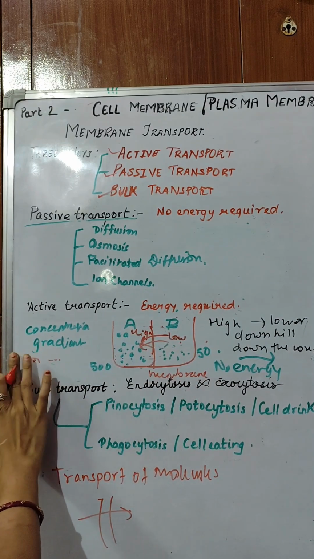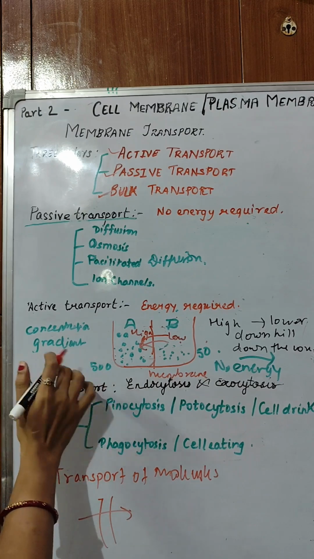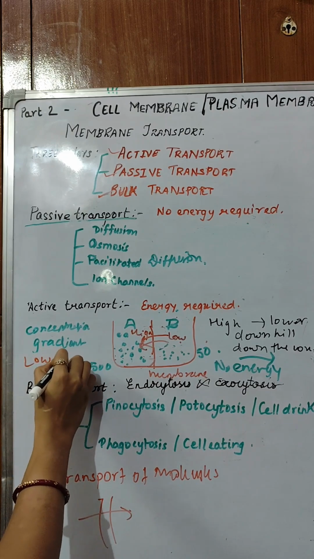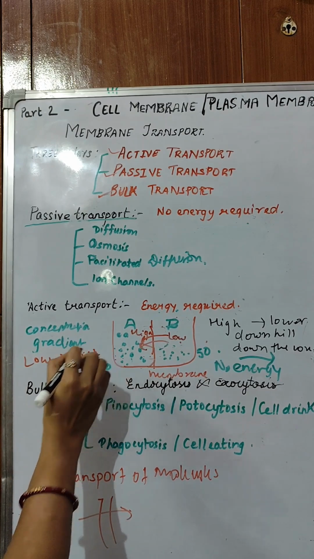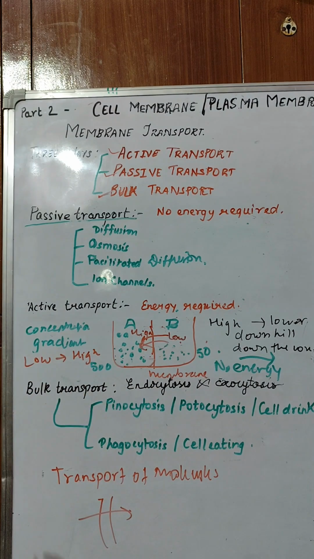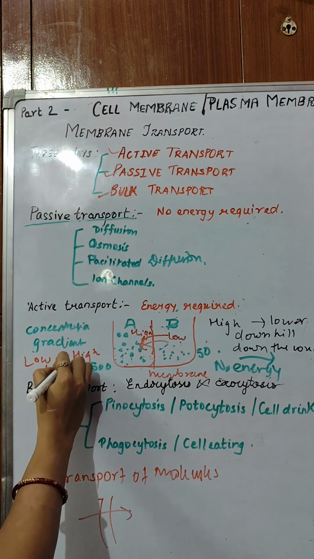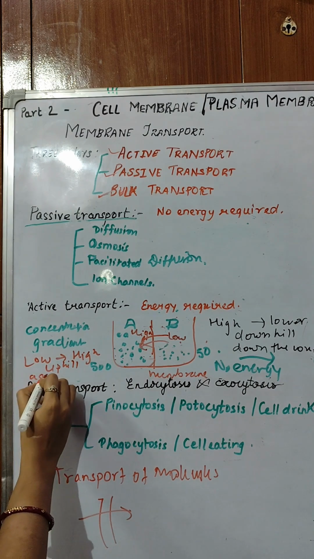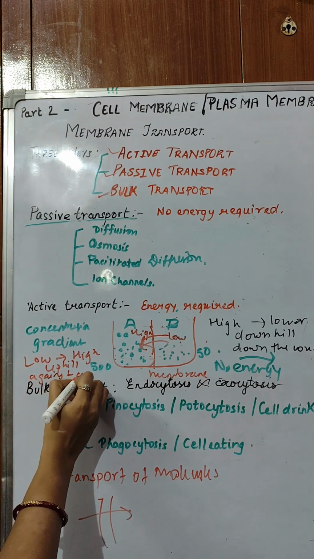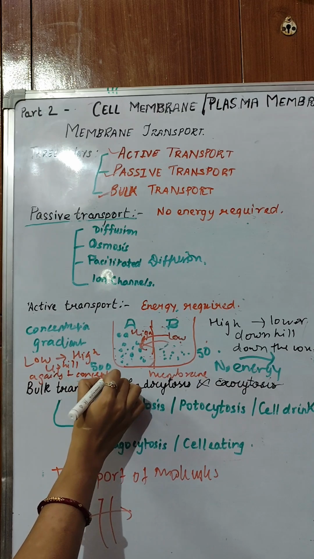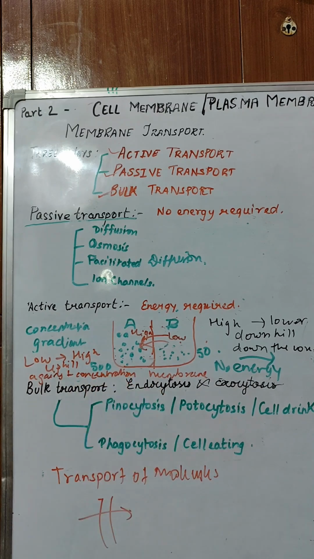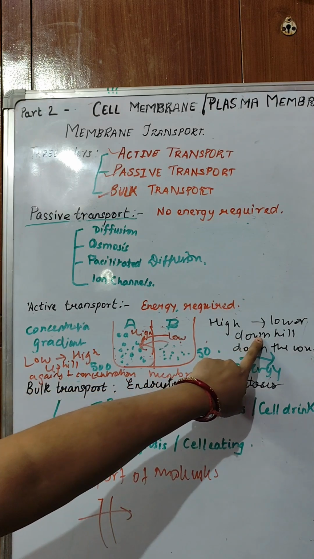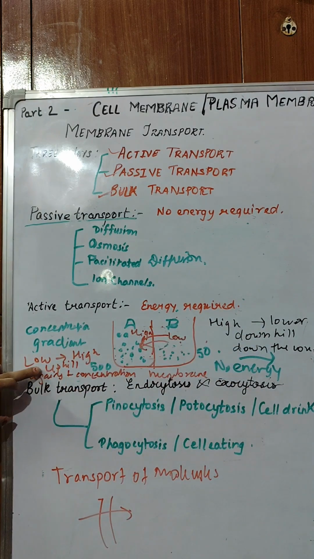I am writing over here: lower concentration to higher concentration will require energy, and this process is uphill movement. It is against the concentration gradient, and anything against the concentration gradient requires energy. So energy is not required for downhill movement, but in uphill movement energy is required.